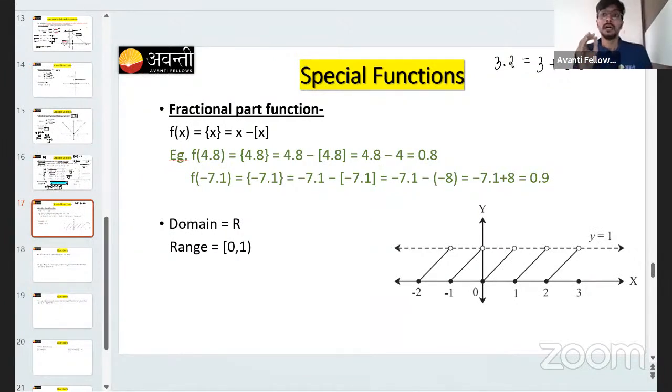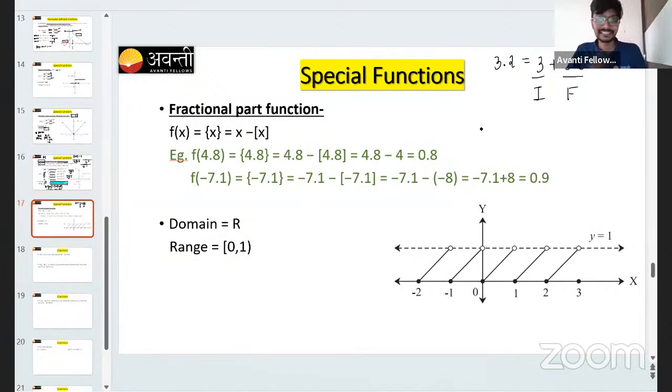So any real number can be written into two parts. First is the integral part and second is the fractional part, or as we like to say, proper fraction, the 0 point numbers. You will not believe, the greatest integer function and the fractional part function are both derived from this.